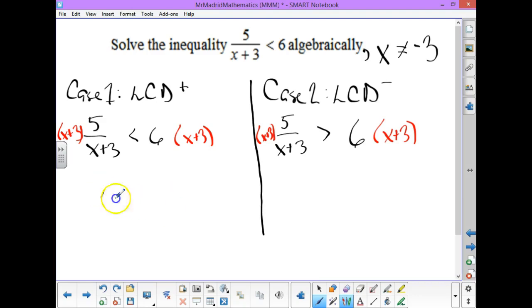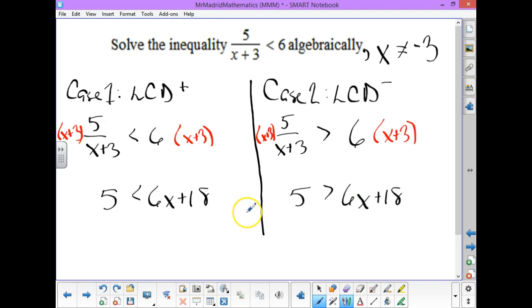So we're left with 5, 6x plus 18, and 5, 6x plus 18. Here I would subtract the 18, so I get -13. Same thing here. Less than 6x, greater than 6x.